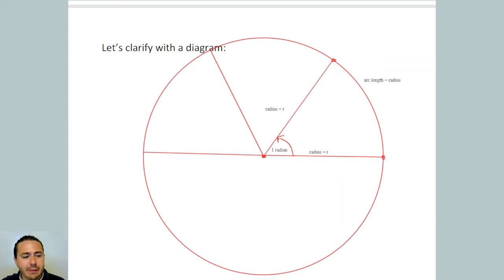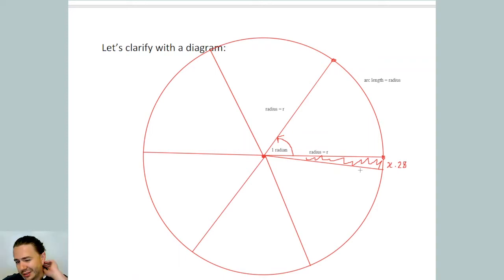So if I keep going, you'll see that you're going to be able to squeeze in, and I'm just estimating here, but if you actually do this correctly, there's going to be a little left over in here. So there you see we've got 6 radians, and then you've got about 0.28 here, so a little extra.